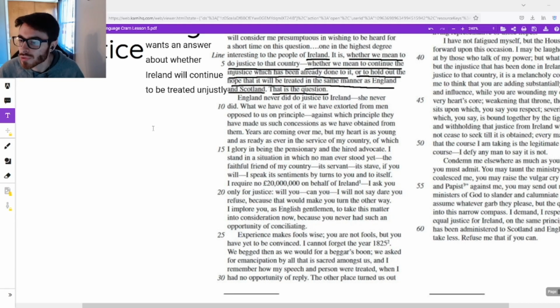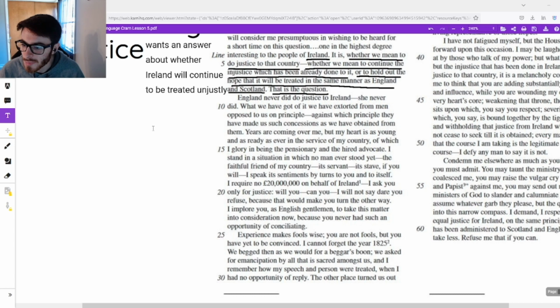England never did do justice to Ireland. She never did. What we have got of it, we have extorted from men opposed to us on principle, against which principle they have made us such concessions as we have obtained from them. Years are coming over me, but my heart is as young and as ready as ever in the service of my country, of which I glory in being the pensionary and hired advocate. I stand in a situation in which no man ever stood yet, the faithful friend of my country, its servant, its slave, if you will.